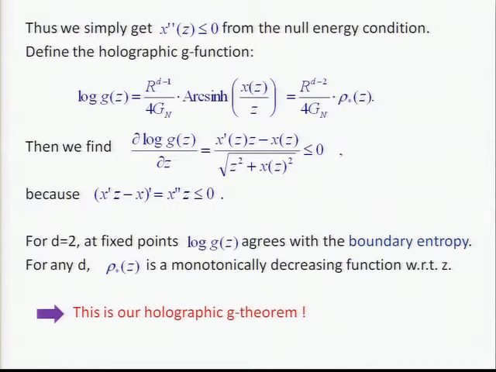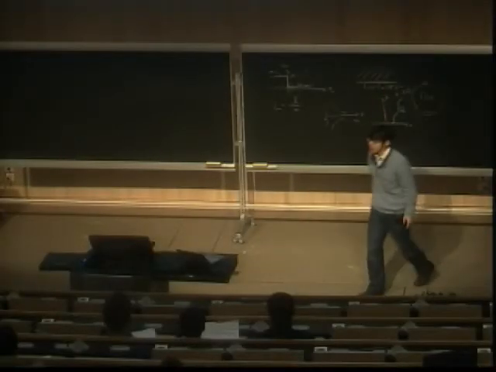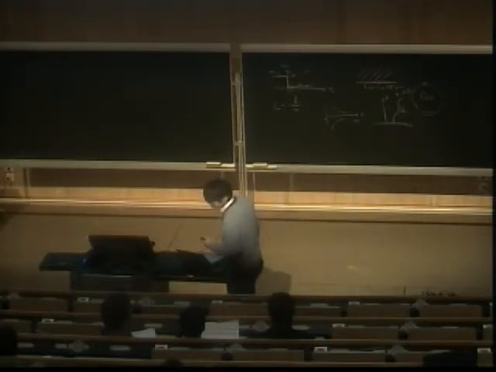Then we find that this derivative is negative, because if we take one more derivative, it is negative, and it starts with 0, so it's always negative. So we can show that the z derivative of the g function is negative. This means that in this evolution, if we go to large length scale, it's always decreasing. So this is our holographic g theorem.